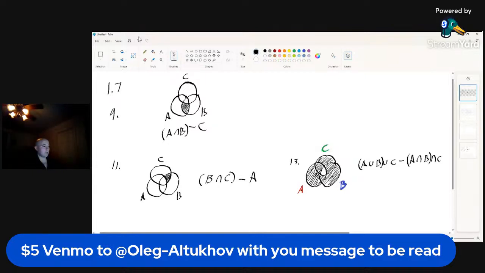All right, so let's say A union B, and A union B is also in union with C. So that's everything. Now we're going to say A intersects B also has to intersect with C. So that's the only place where all three intersect, the dead center.